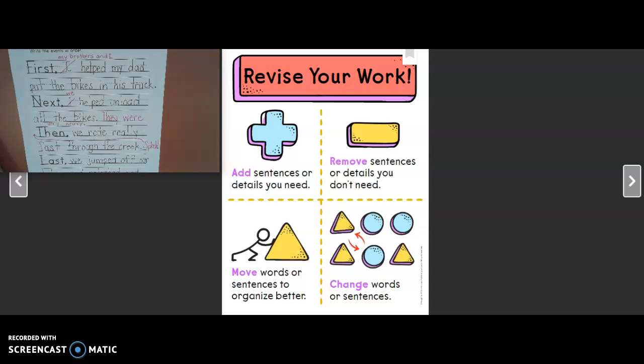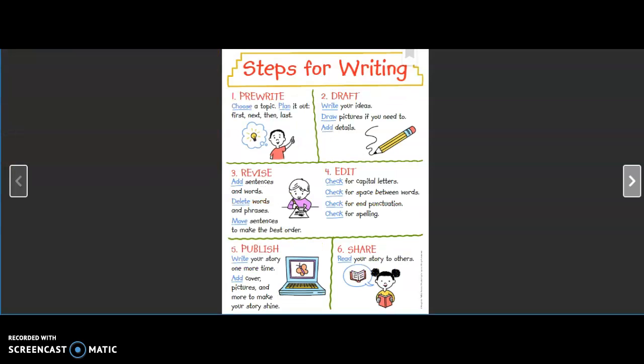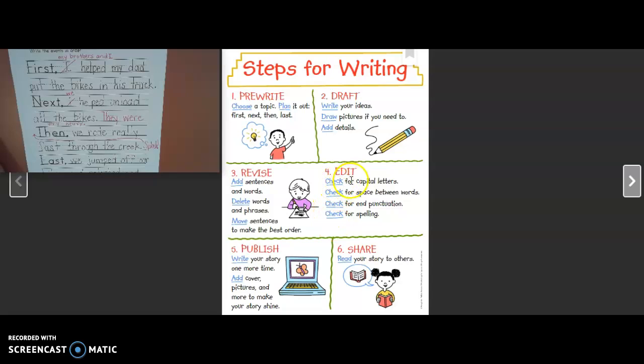Something that you can also do when you're in this stage of revising and editing is to edit. And when we edit, we're checking for capital letters. We're making sure that we have space between our words, check for end punctuation, and check for spelling. So I kind of did that a little bit as I was revising.